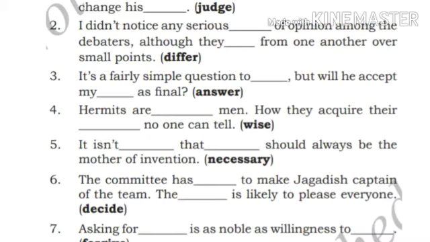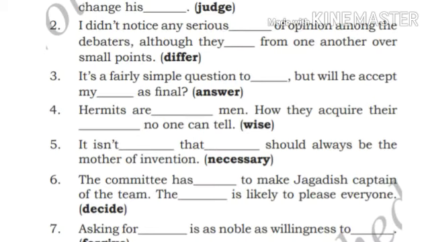Then the fourth one: hermits are wise men, how they acquire their wisdom no one can tell. Wise is used as an adjective, and wisdom is used as a noun.